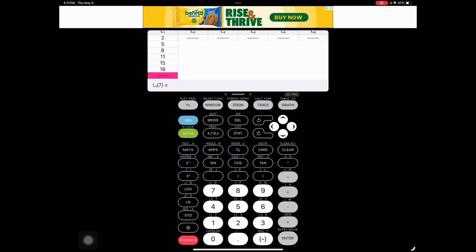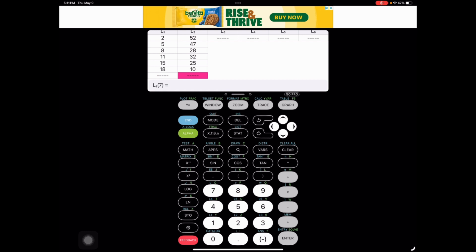Okay, so still the same X values that we had before, so I actually could have left that alone. I'm going to go to L2, though, and enter our Y values of 52, 47, 28, 32, 25, and 10.